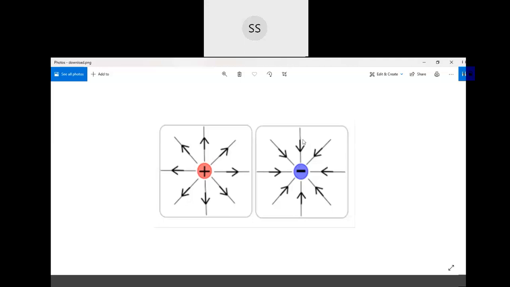So to keep that point charge in this position, we have to apply some work done. That work done will be the electrical potential. So the definition of electrical potential is the work done in bringing a unit positive charge from infinity to a point in an electric field.